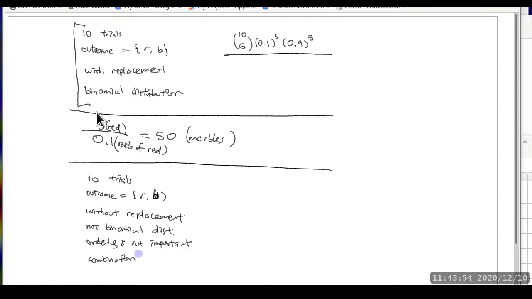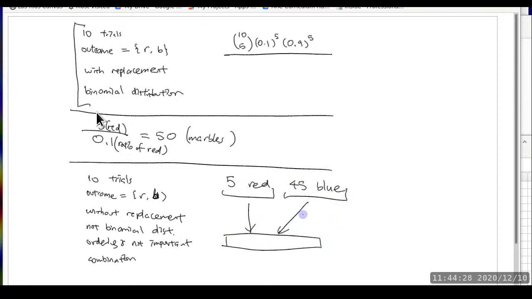Okay, so now we have to think about what we are going to do with these combinations. Because combination and permutation has to do with, this is how many we start with, and this is how many we are choosing from it. So from that perspective, we basically start with 5 red marbles, and we have 45 blue marbles. And we are interested in the case where you choose all 5 red marbles to be in the final collection, and you choose 5 of the 45 blue marbles in the final collection.